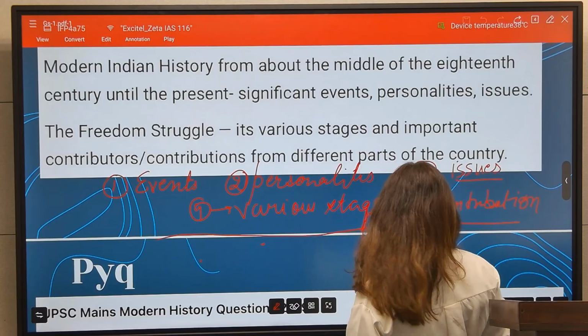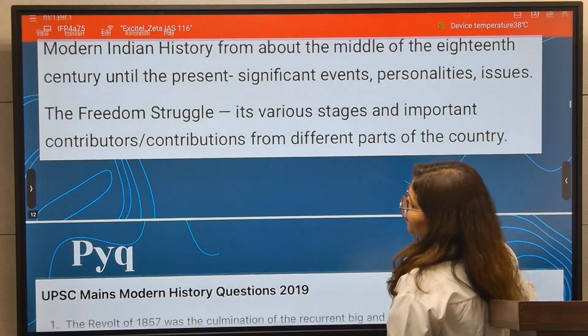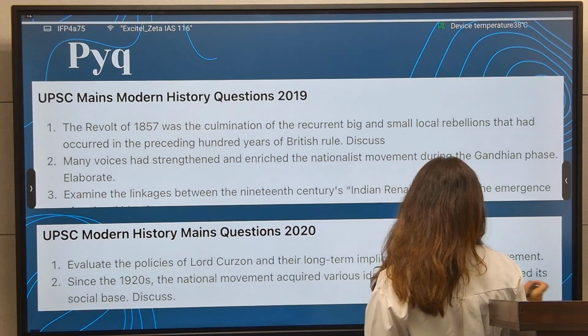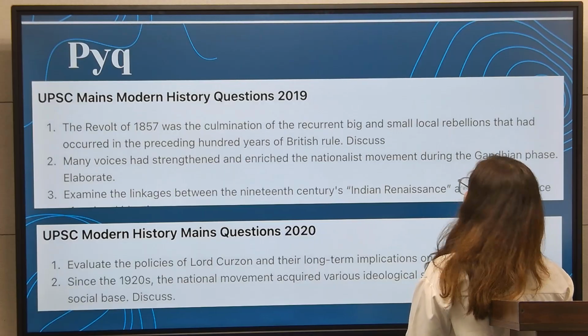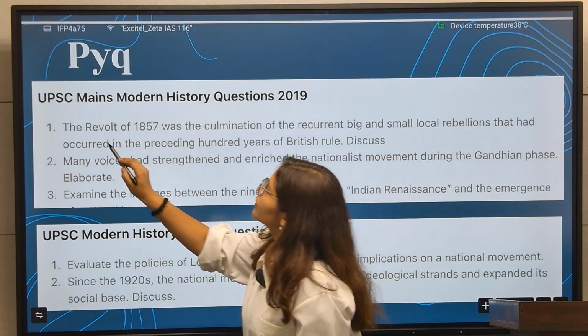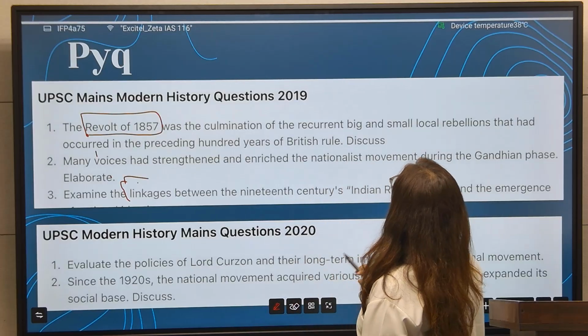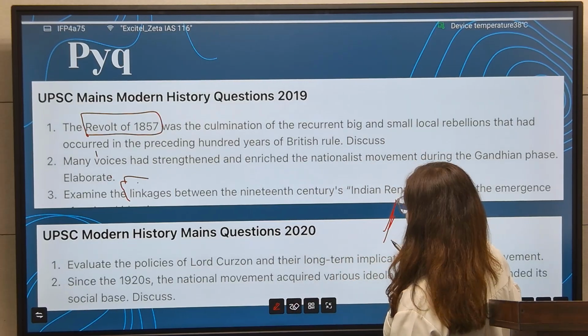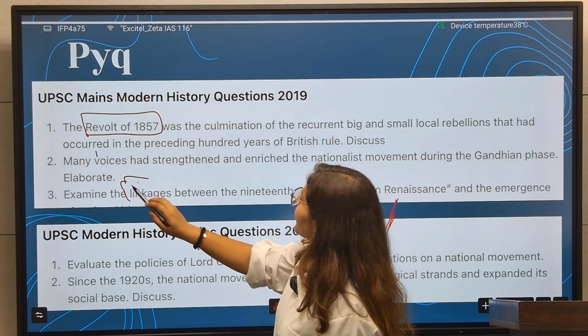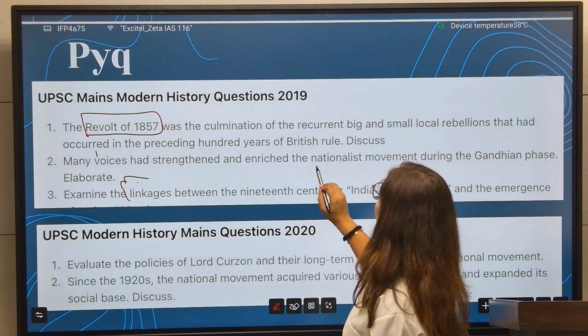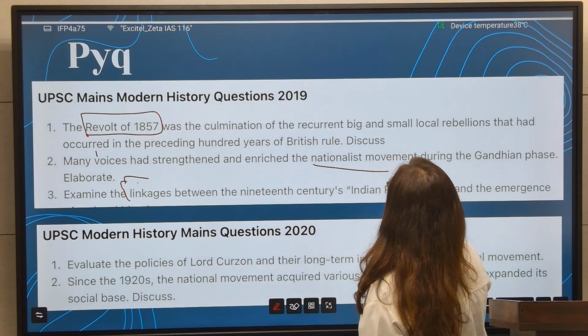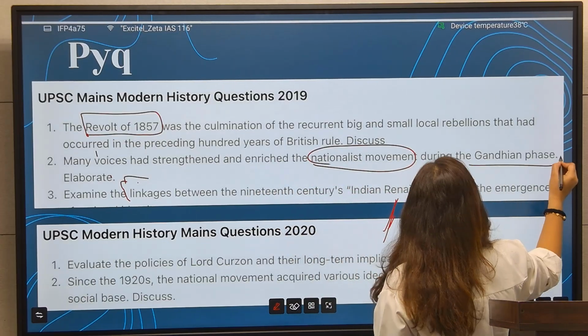Now see the PYQs. In 2019, a question was on the direct revolt of 1857. Then, many voices have strengthened and enriched the nationalist movement, so the nationalist movement during the Gandhian phase.